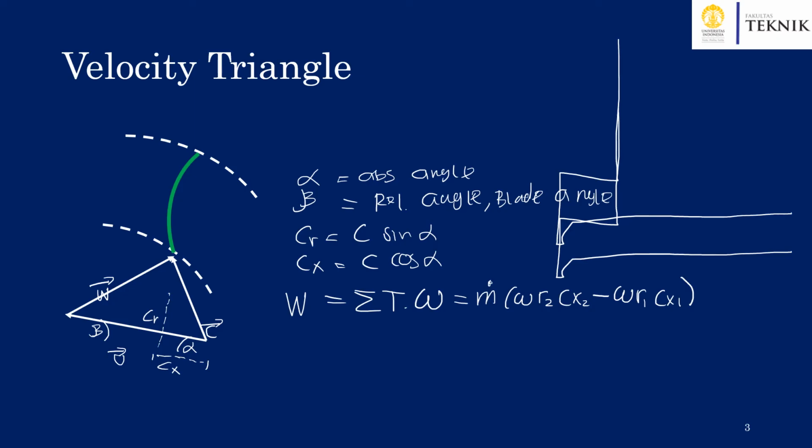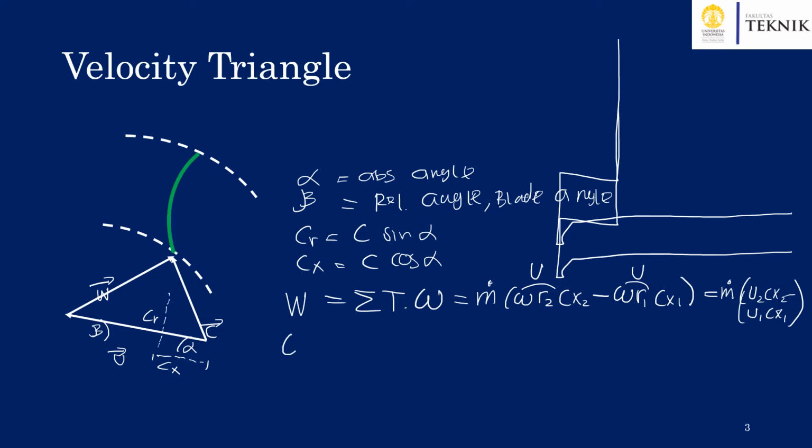We know that omega r is u, so it can be written as u2 Cx2 minus u1 Cx1.